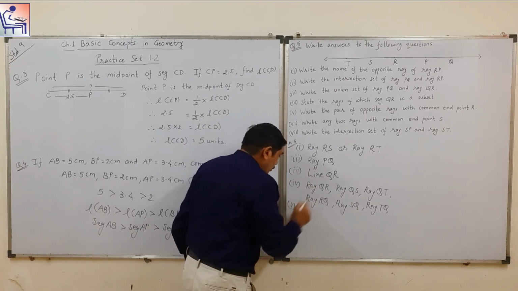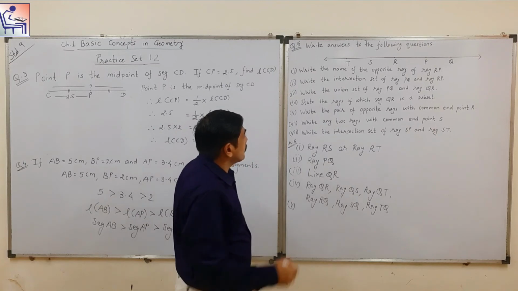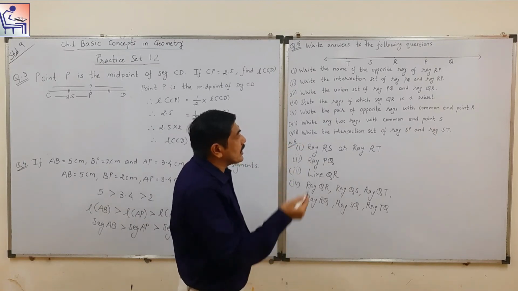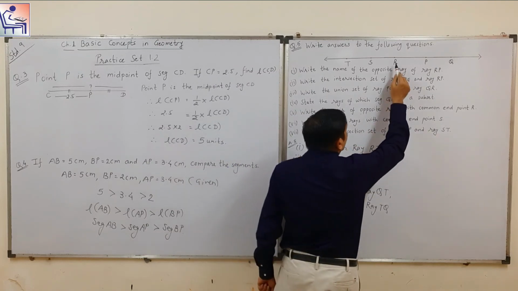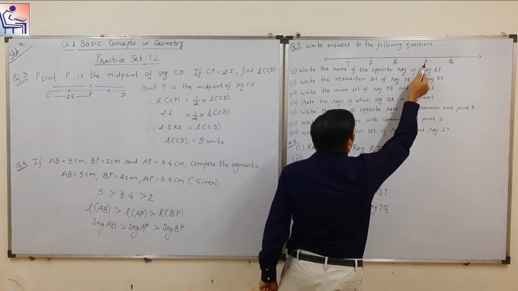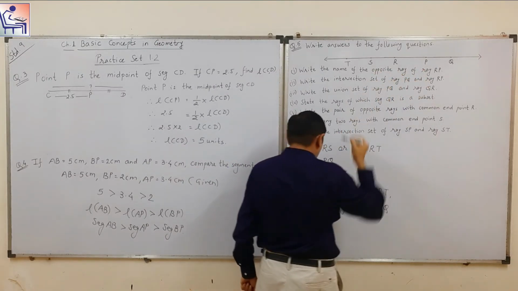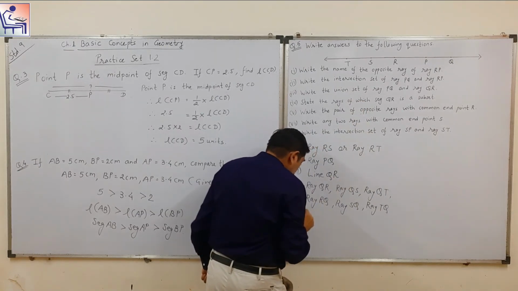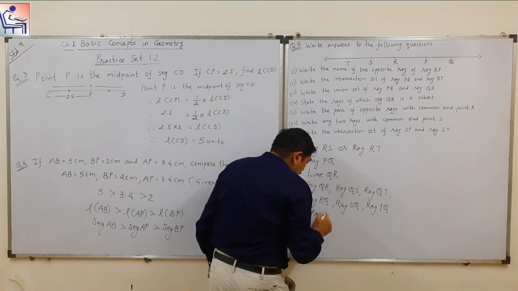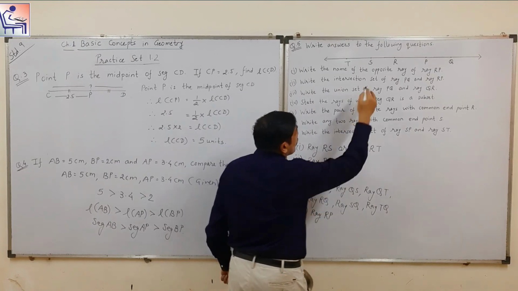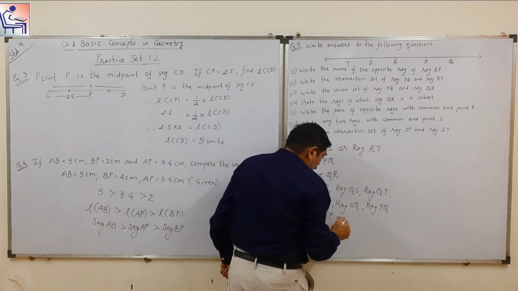Now question number 5. Write a pair of opposite rays with common end point R. So one is RP and RS. So here we are getting ray RP and ray RS.